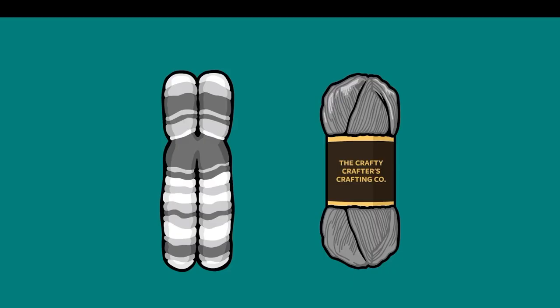But what if instead I took 46 balls of yarn? Would that be easier to separate? Yes. And in fact, we'll learn later that it's not actually 46 balls of yarn. It is 46 times 2, 92 balls of yarn, but we'll get there.